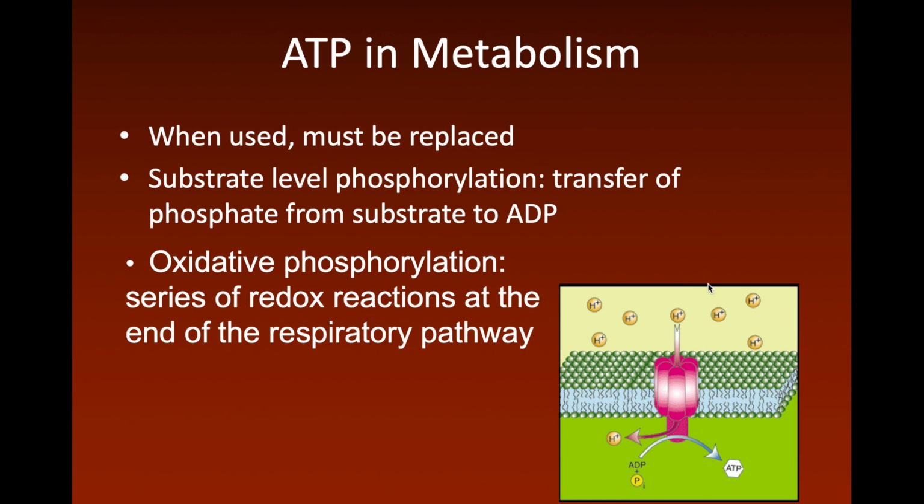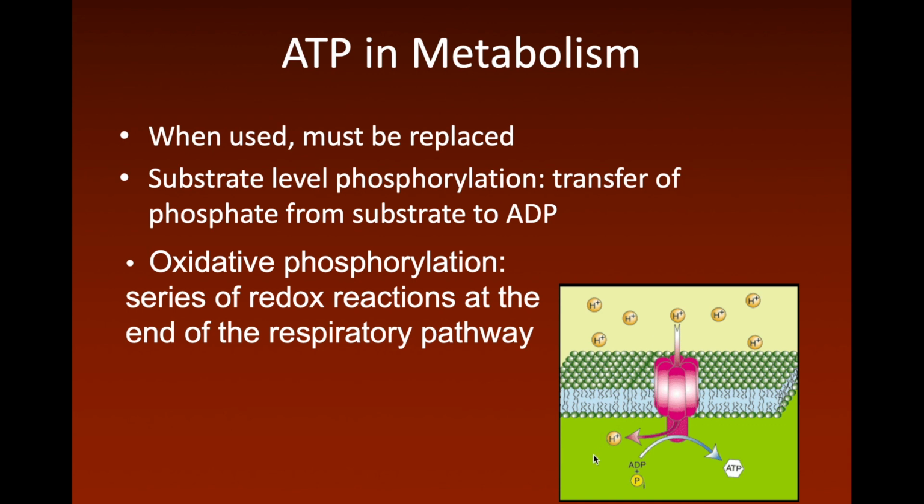This is oxidative phosphorylation because it uses an energy gradient that's generated through reduction and oxidation reactions. That is how this proton force is generated here, this huge gradient between these protons in the periplasmic space and the inside of the cell.